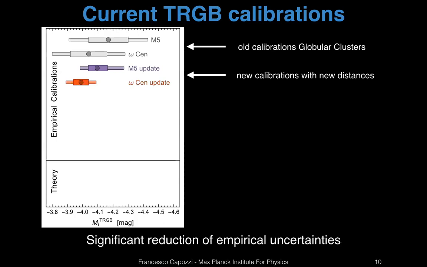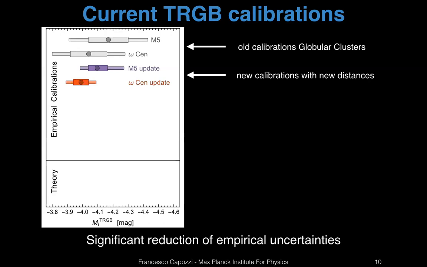Now, let's have a look at the current calibrations we have. So this plot is basically showing the error bands for the empirical calibration on the top and theoretical calibration at the bottom. But we start from the empirical calibrations. The little circle in between these bands is basically the best fit point.